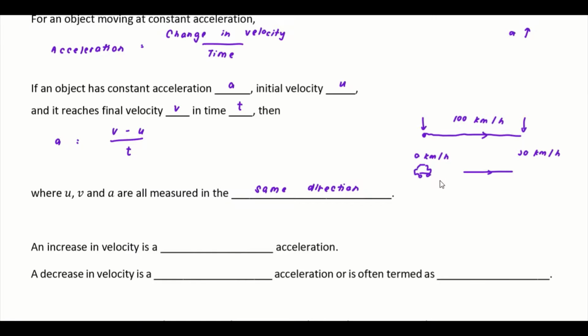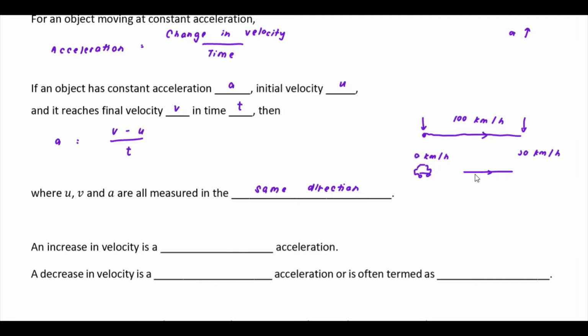Although this car is traveling at a lower speed, it travels from a velocity of zero, and then after that it achieves 20 km per hour. So that's why there is an acceleration involved here. I hope you can get the idea that having an acceleration doesn't mean that the object is traveling with a very high velocity.